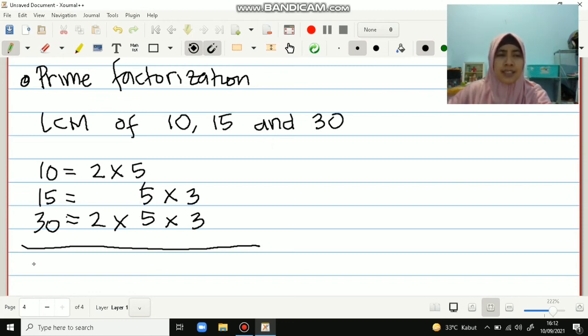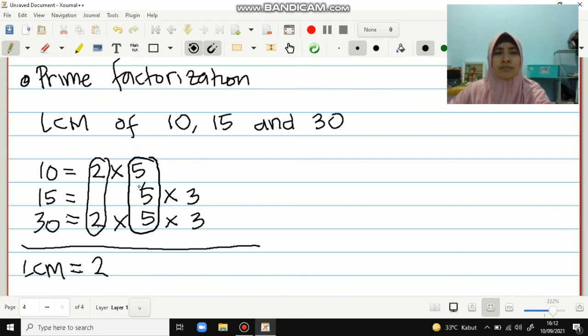Okay, let's say here the LCM equals, take a look here, 2 and 2. In the 15, there is no 2, but we still count it as one number and we write it down here. 5. Those three numbers have 5. We write it as 1, 5.